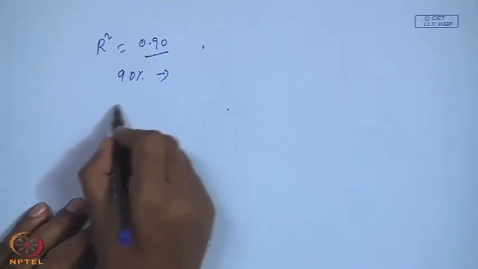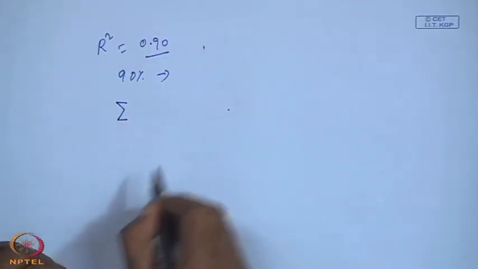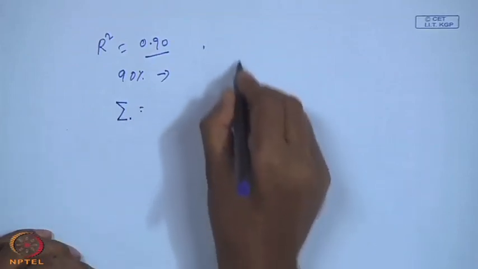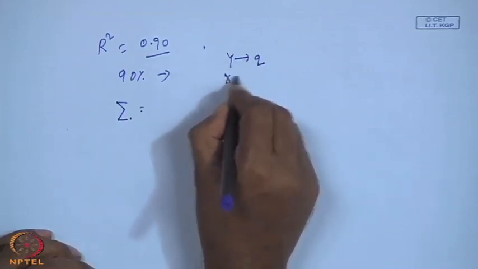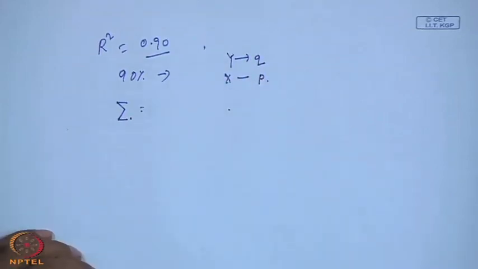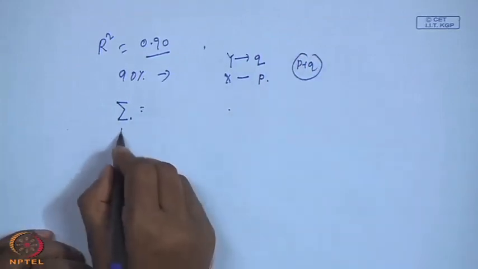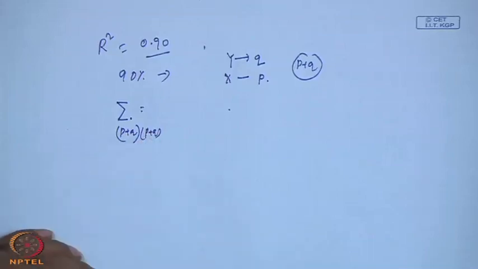Although we will describe the estimation in detail later on, what is observed is this: if y has q observed variables and x has p observed variables, you have a total of p plus q observed variables. So you have a covariance matrix of size p plus q by p plus q.